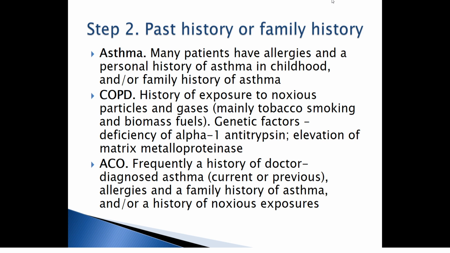But maybe emphysema alone without bronchial obstruction, especially if there are some genetic problems. We know for a long period of time that deficiency of alpha-1 antitrypsin may lead to emphysema.